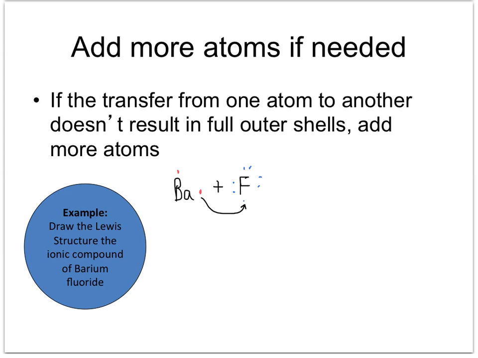It has to give up that second electron as well, which means I'm going to need another fluorine available in order to take that electron. Notice how I strategically placed my fluorine's 7 valence electrons around fluorine a little differently. And now we can see that this guy can go right here.